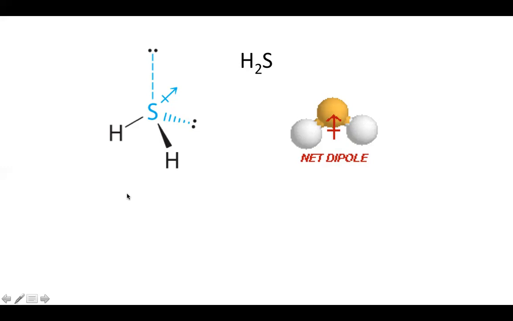This is why water, H2O, which would have a very similar Lewis structure to H2S because oxygen and sulfur are in the same family, is polar. Because of those lone pairs, it's bending the molecule and throwing off the symmetry. So now there is going to be a net dipole moment.